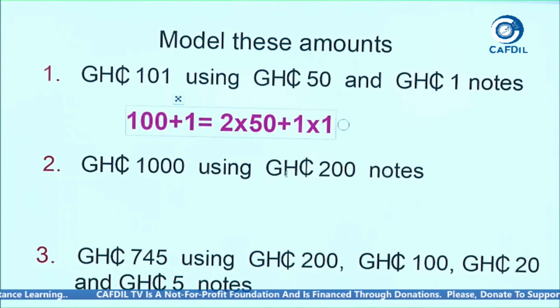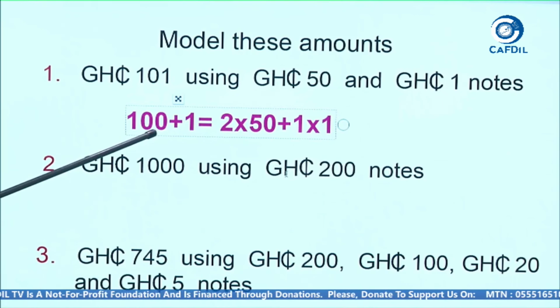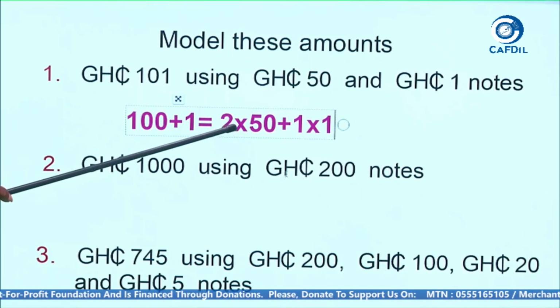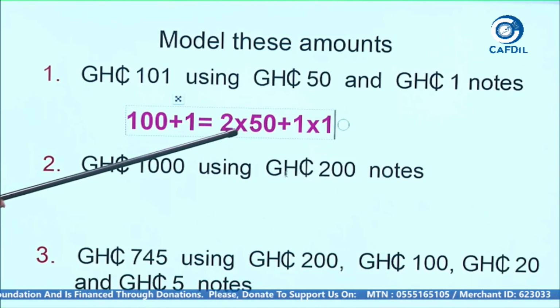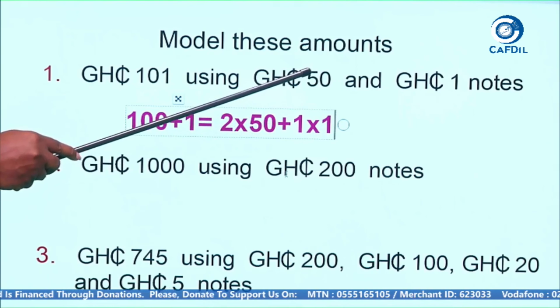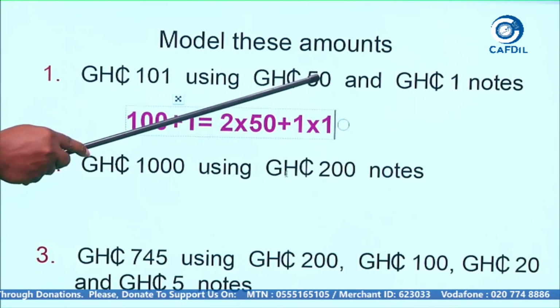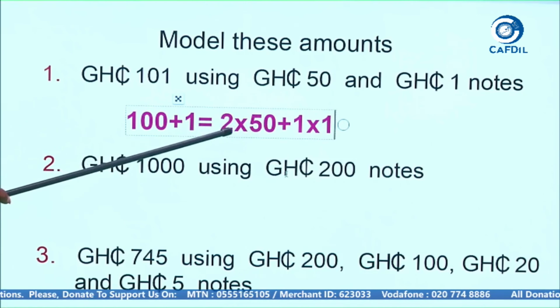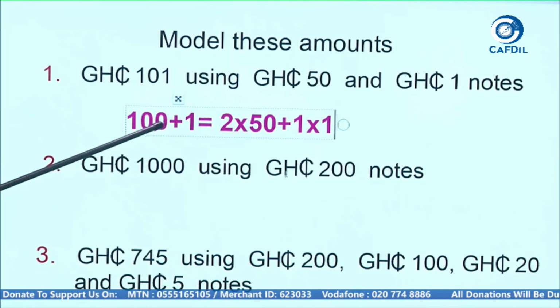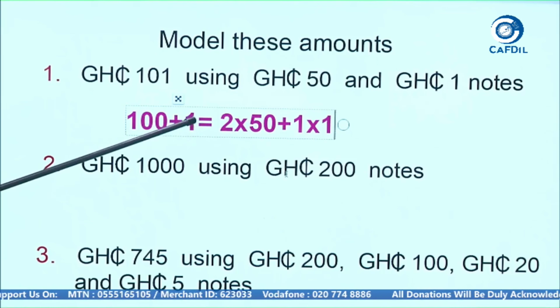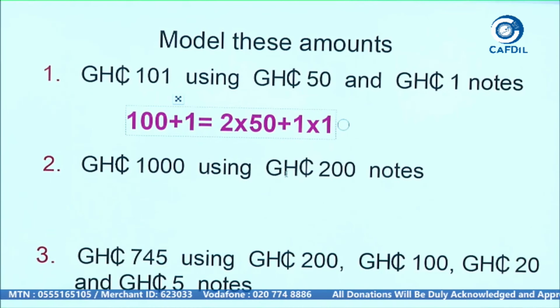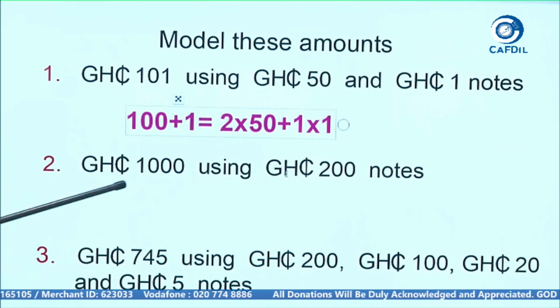All right. So we have modeled it. We have done the expansion, and this is how it will be. We will use 2 of the 50 cedis notes. Since we will use 2, it means we have to multiply 2 by 50. That will give us 100. And then 1 cedi notes. How many of the 1 cedi notes? We have to use just 1.